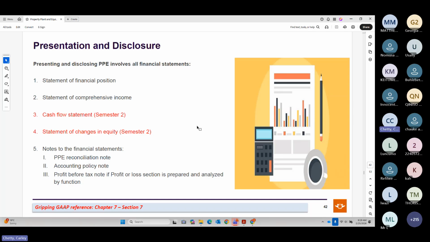It also involves the notes to the financial statements. So the property, plant, and equipment reconciliation notes, the accounting policy notes, and the profit before tax notes, if profit or loss section is prepared and analyzed by function. Okay, so these are all the elements that PPE involves in the financial statements.